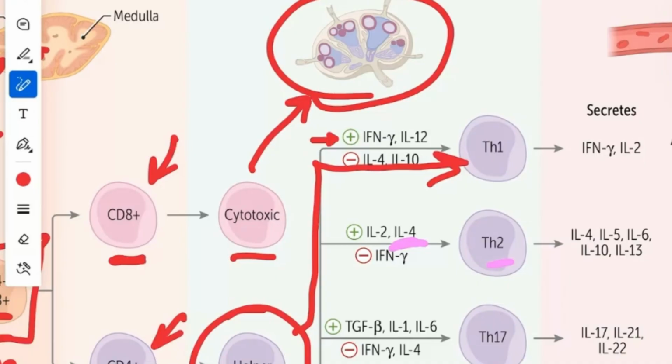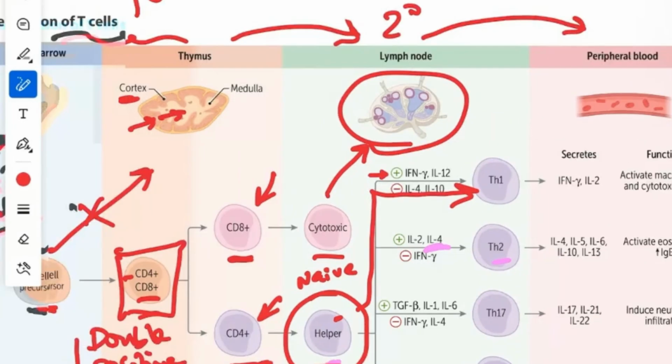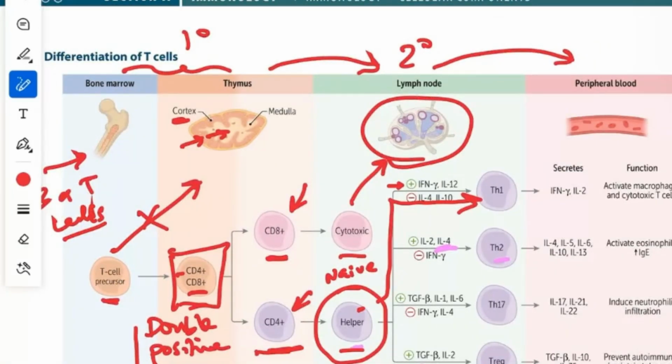The interferon gamma and interleukin 12 we talked about, coming from the APC, will activate this naive helper T cell, because this is a naive cell here, this naive CD4 cell, to become a Th1 cell.